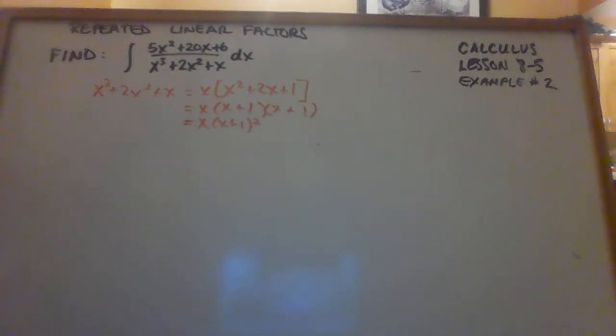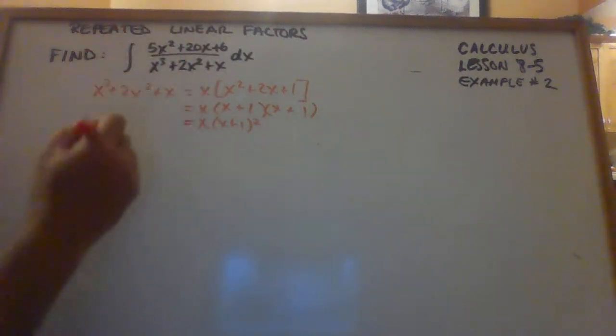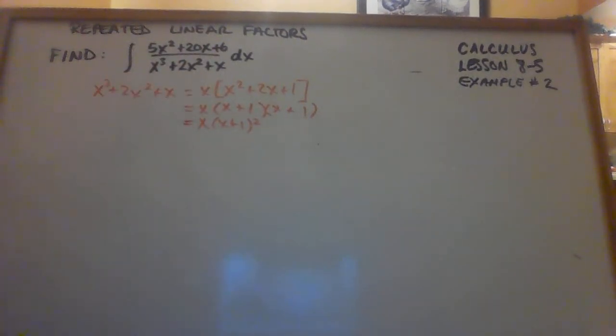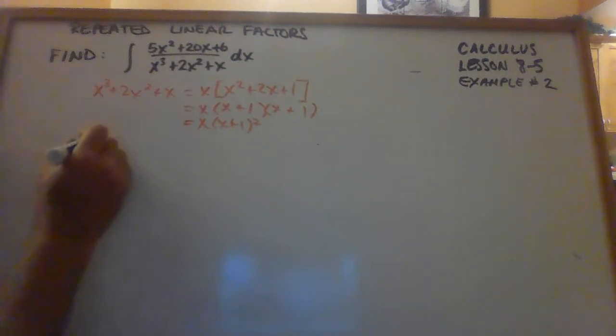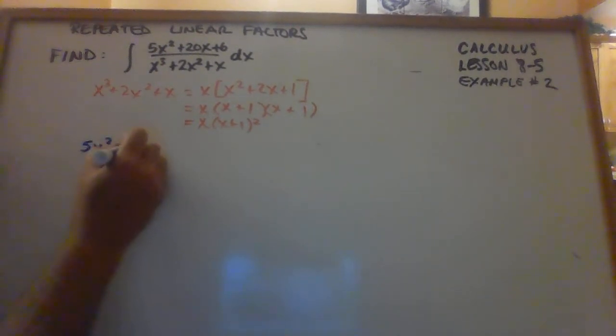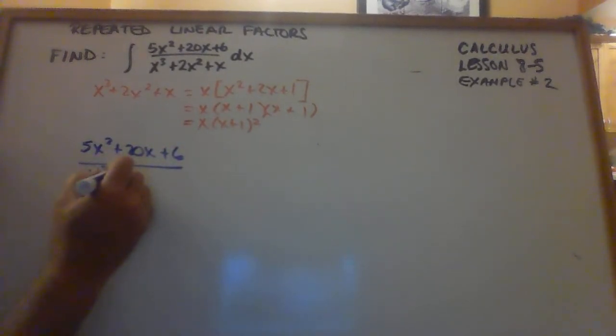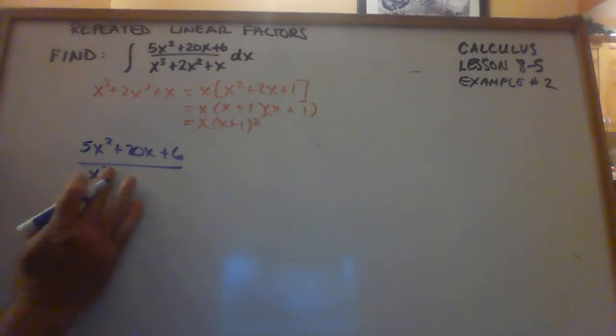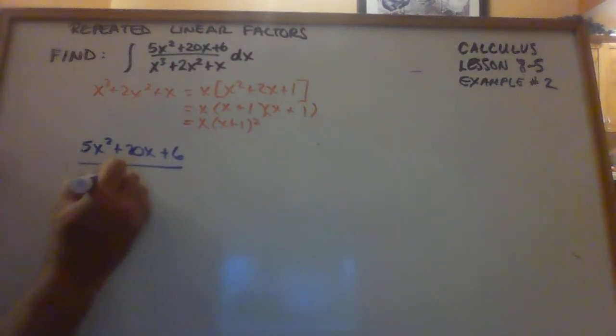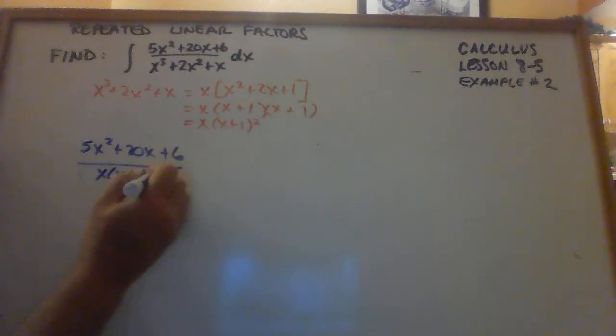Okay. Now we're going to take this function, 5x squared plus 20x plus 6 over x times x plus 1 squared.